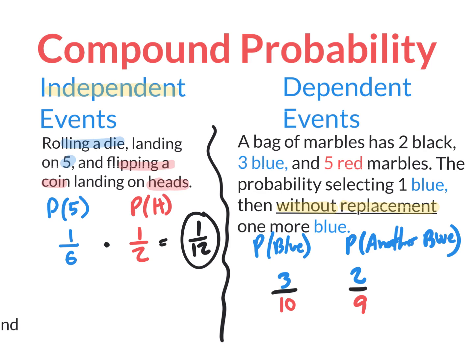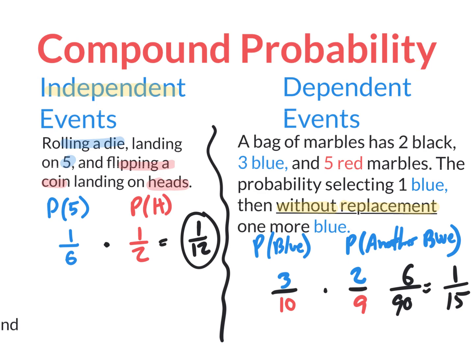We now need to find this compound probability of 3/10 and 2/9, which is 6/90, which you could reduce by 3 or by 2 or by 6. Reducing by 6, I think it'll be 1/15.